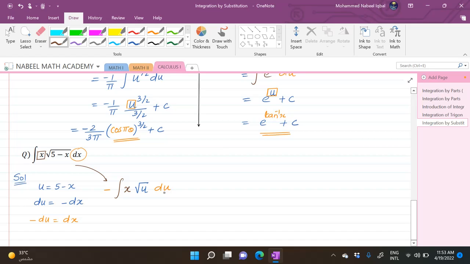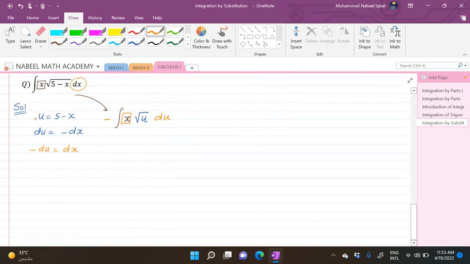In the integral, everything must be in u, the same variable as du. If it is theta, everything must be in theta. If it is t, everything must be in t. But here you will have a u and an x. So I want to convert this x in terms of u. How will you convert? This is the rule.